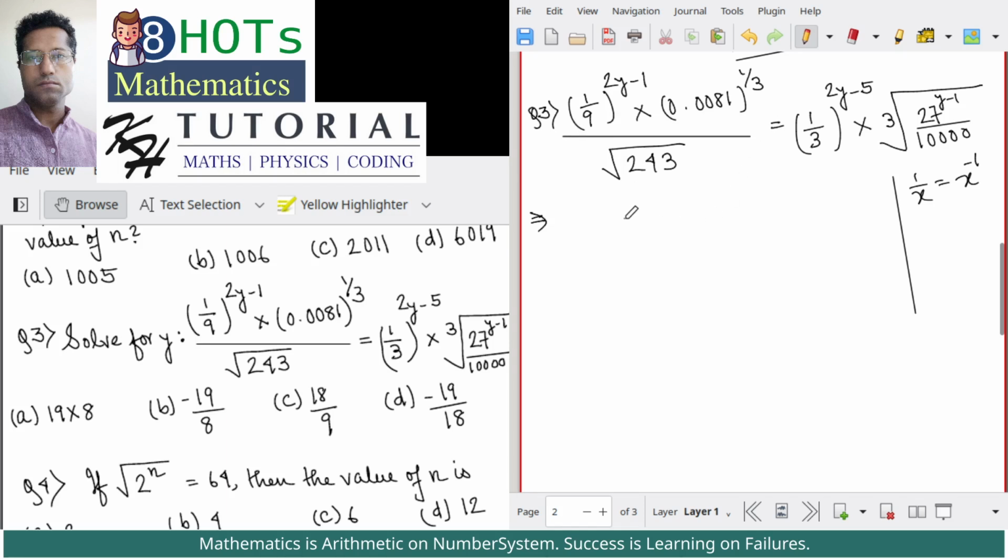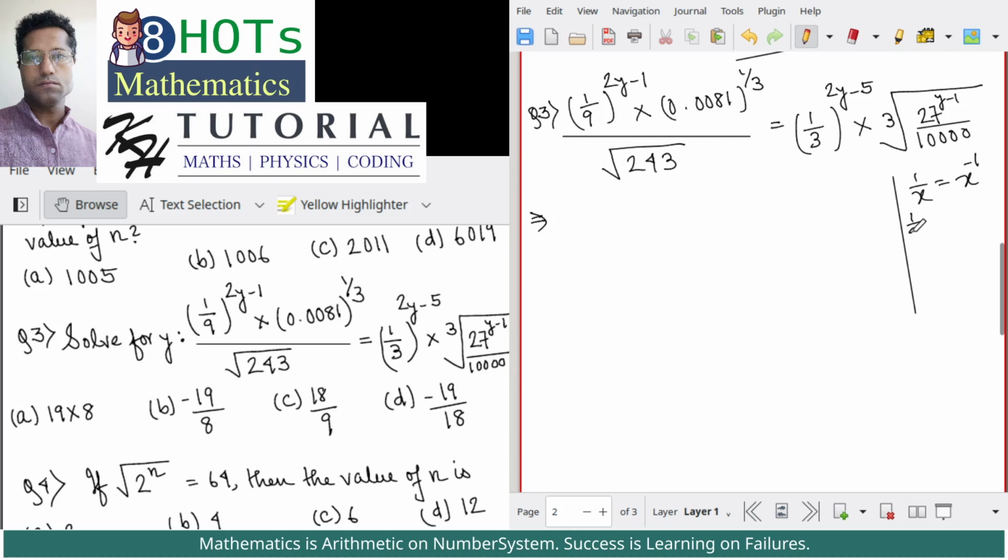So 1 by 9 is 9 to the power minus 1. Now if I want to express 9 to the power minus 1 as a power of 3, I am doing small calculations on the right hand side.